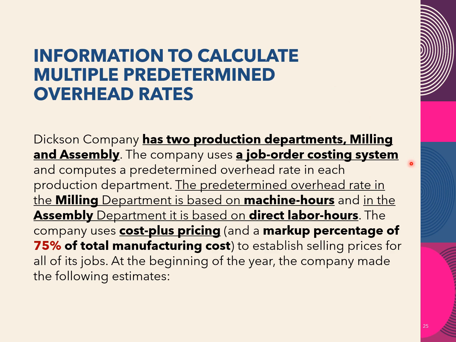Dixon Company has two production departments, milling and assembly. The company uses a job order costing system and computes a predetermined overhead rate in each production department. The predetermined overhead rate in the milling department is based on machine hours, and in the assembly department, it is based on direct labor hours.